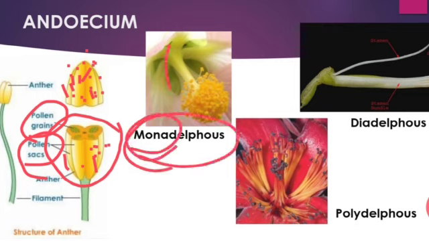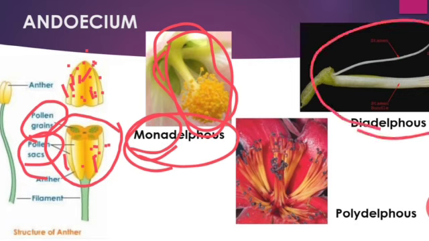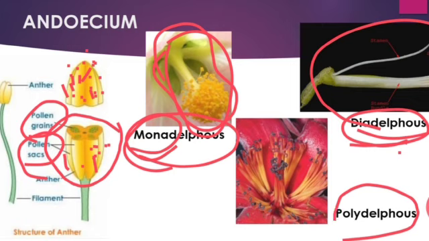If the androecium is arranged in one bundle, it is named monadelphous. If arranged in two bundles, it is named didelphous. Di means two. If arranged in several bundles, it is named polyadelphous. Okay, mono one, di two, poly several.